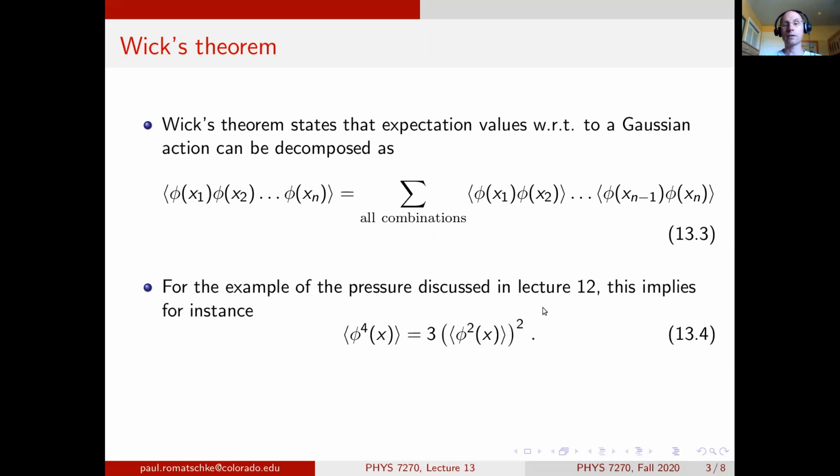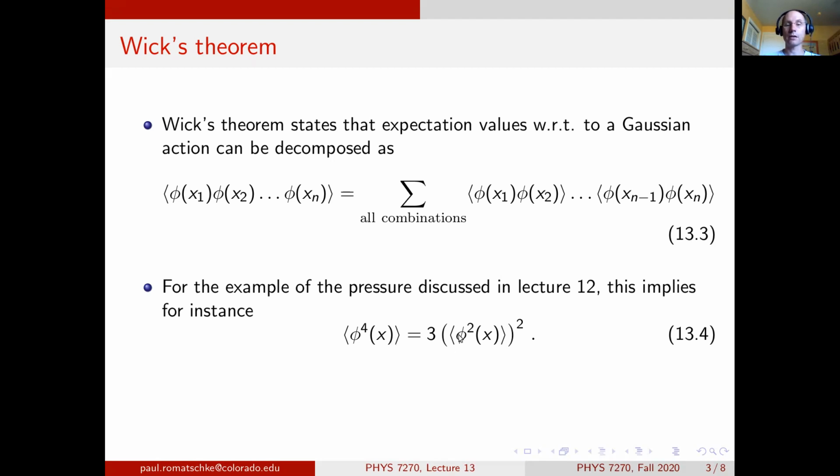For the example that we discussed in the previous lecture, the first order perturbative result for the interacting quantum field theory with a phi 4 interaction, we were asked to calculate the expectation value of phi 4. Phi 4 basically has only quadratic terms, meaning all the 2-point functions that we can build out of this involve phi of x, or phi squared of x.